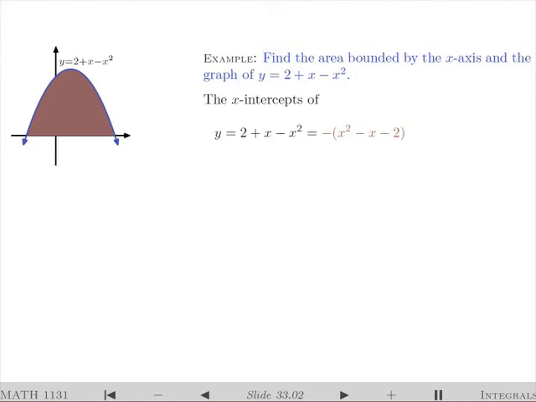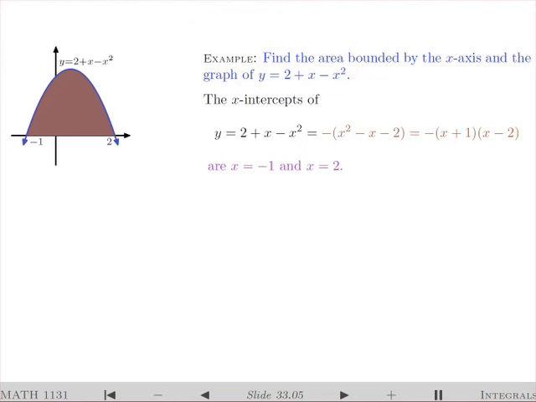I'm going to factor out a negative first, so it's a little bit easier to factor. A factorization for x squared minus x minus 2 is x plus 1 times x minus 2. That's 0 if x is negative 1 or 2. So those are the x-intercepts. This point corresponds to x equals negative 1, this point to x equals 2.